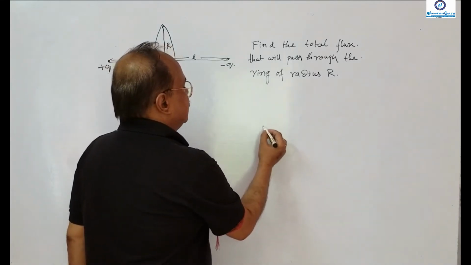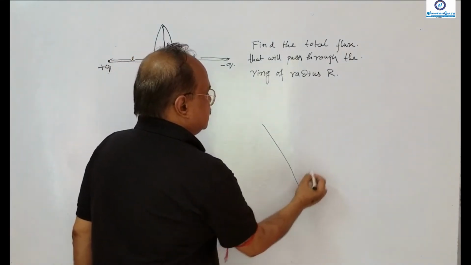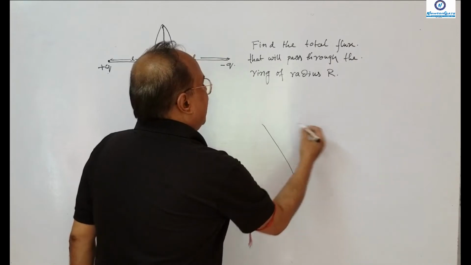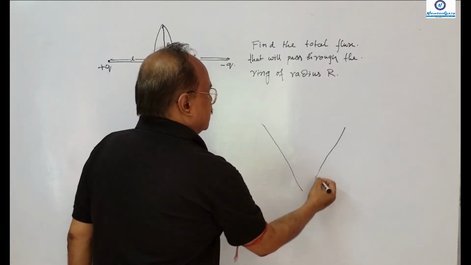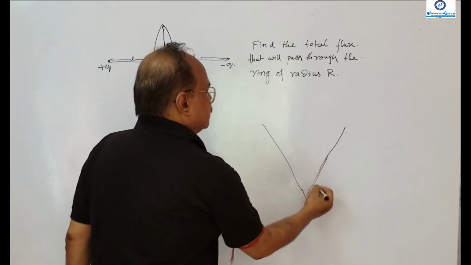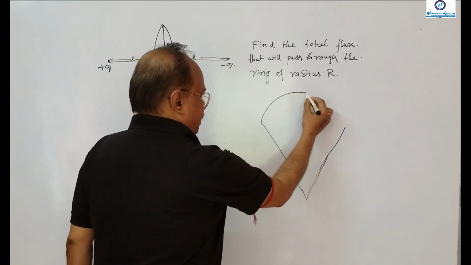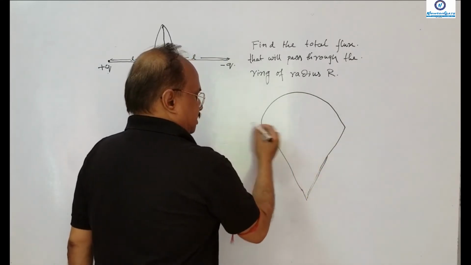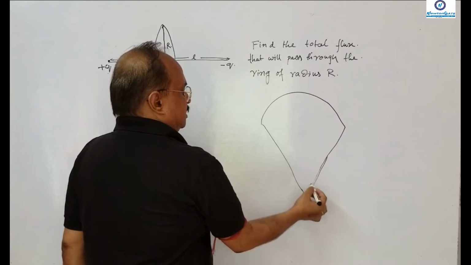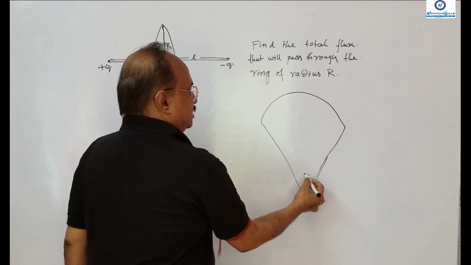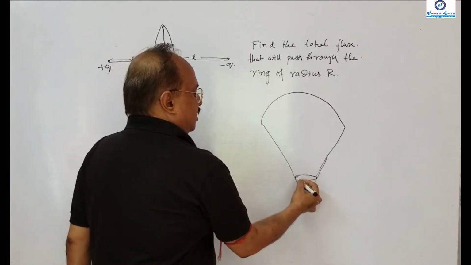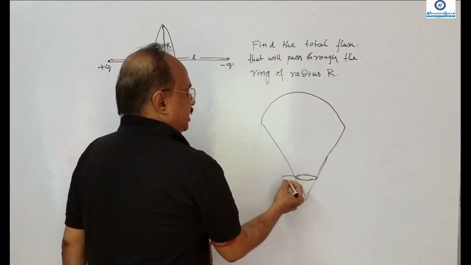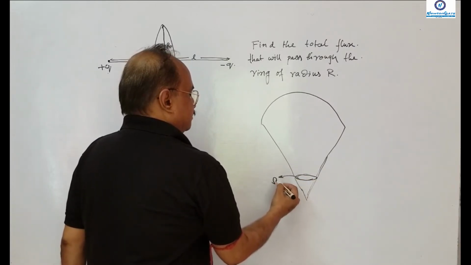See, this is a part of a sphere, think of it. This part of the sphere subtends a solid angle, think of it as omega.